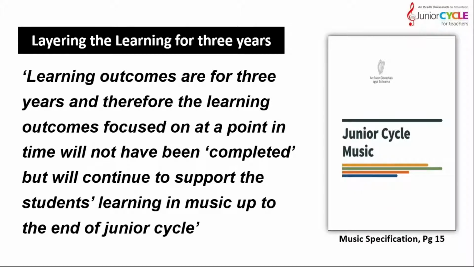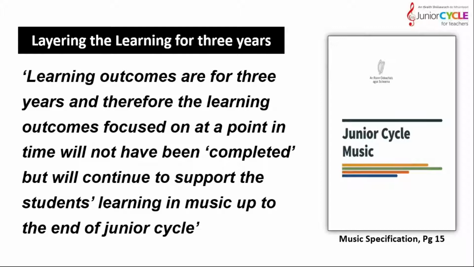As we are now all aware, the 36 learning outcomes set out in the specification represent the outcomes for our students at the end of their 3 years of music. As the quote states, the learning outcomes are for 3 years, and therefore learning outcomes focused on at a point in time will not have been completed, but continue to support the students' learning up to the end of junior cycle.